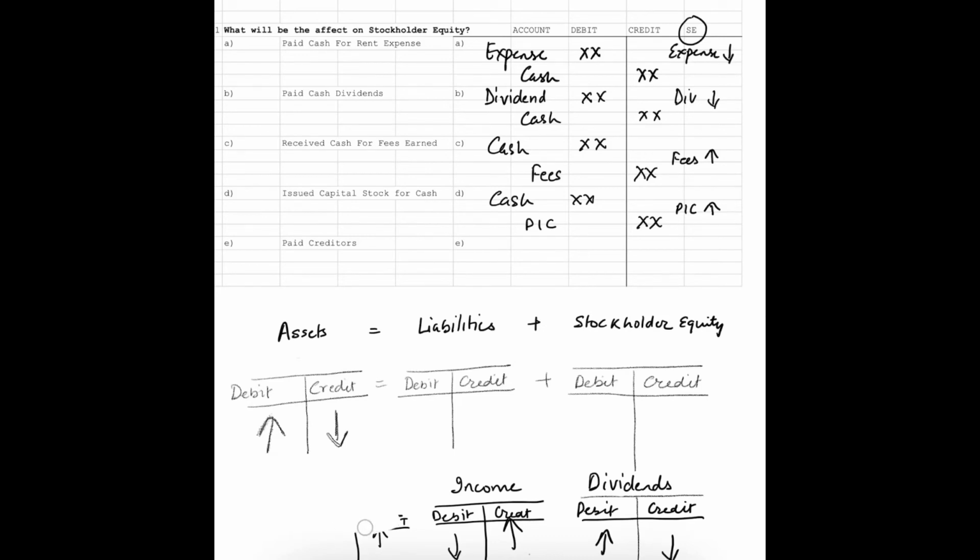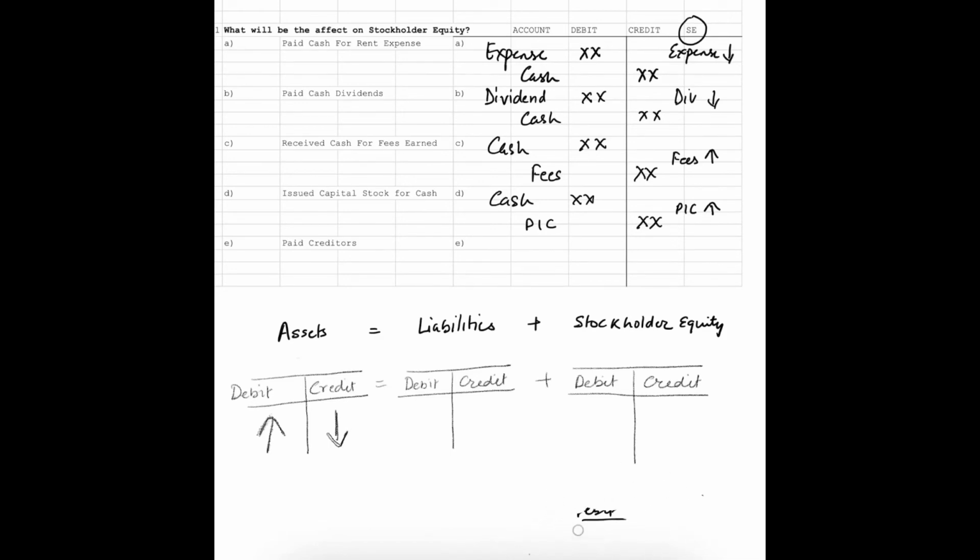Our last one is paid creditors. Now, what do you think? Which element of the balance sheet will the creditors go on? The creditors will go on the liability section. Usually the account is called accounts payable and then it's named by the creditor.